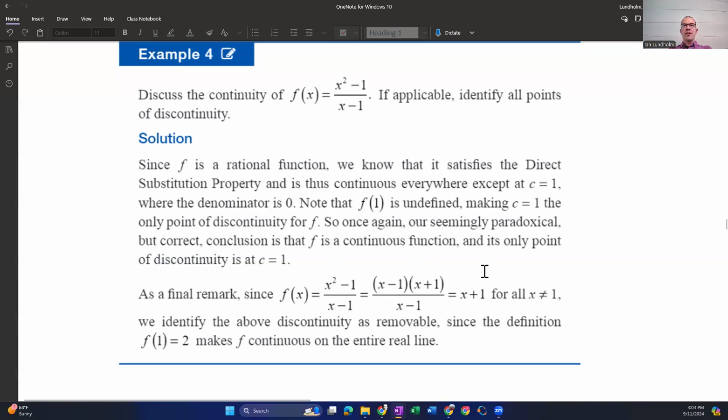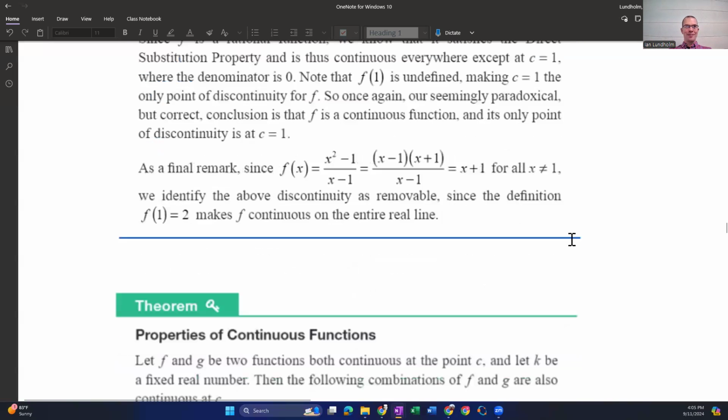This is a continuous function on its domain, but if we were to think about the continuity of this function on some interval around 1, then it would fail to be continuous on that interval because we would include the number 1. So yes, this is a continuous function, but it has a point of discontinuity at c equals 1.